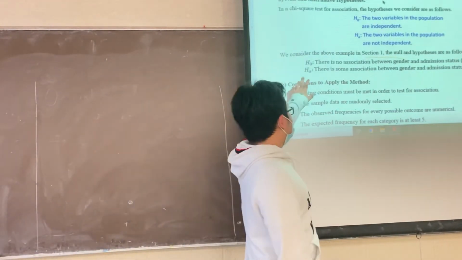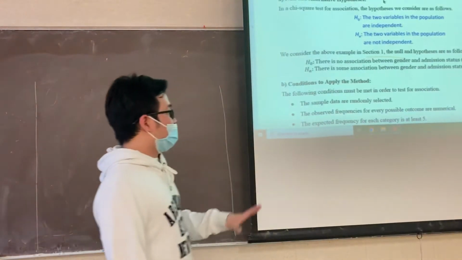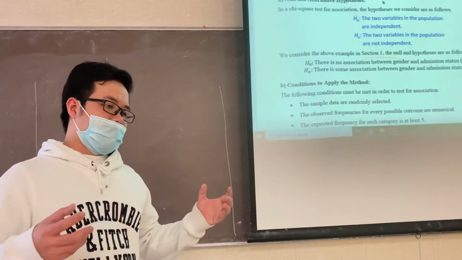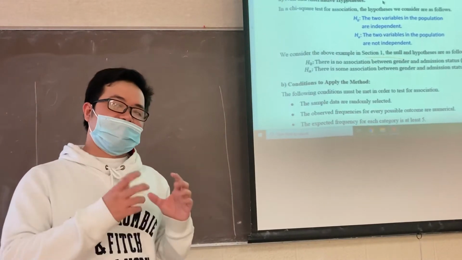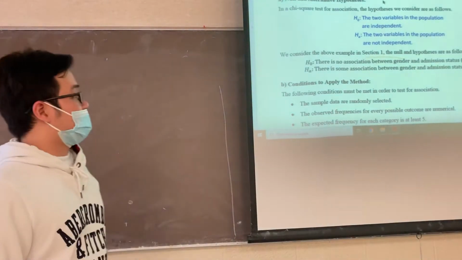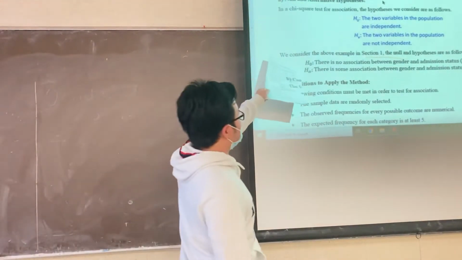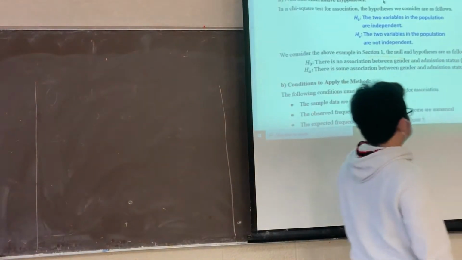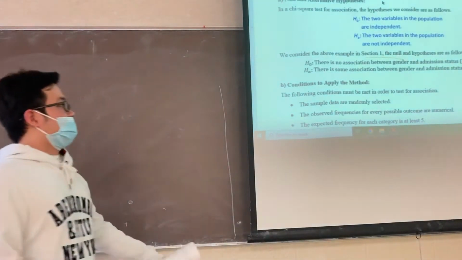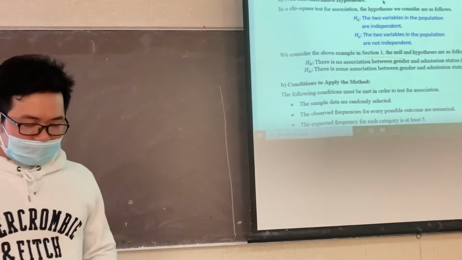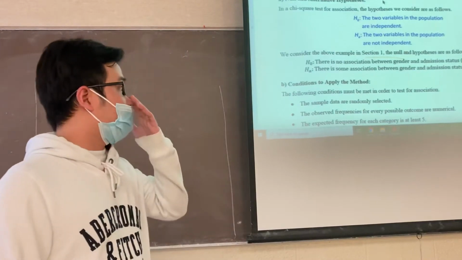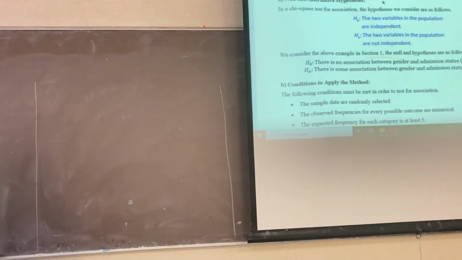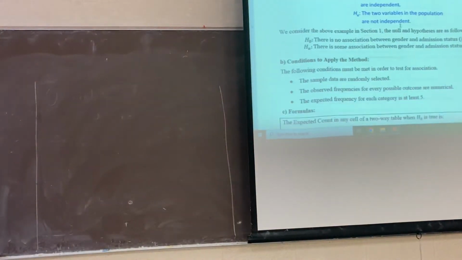The alternative hypothesis is that there is some association between gender and admission status, that means they have some relation. The null hypothesis is independent and the alternative hypothesis is dependent. That is the null and alternative hypothesis when you deal with a problem about association in the chi-square test.